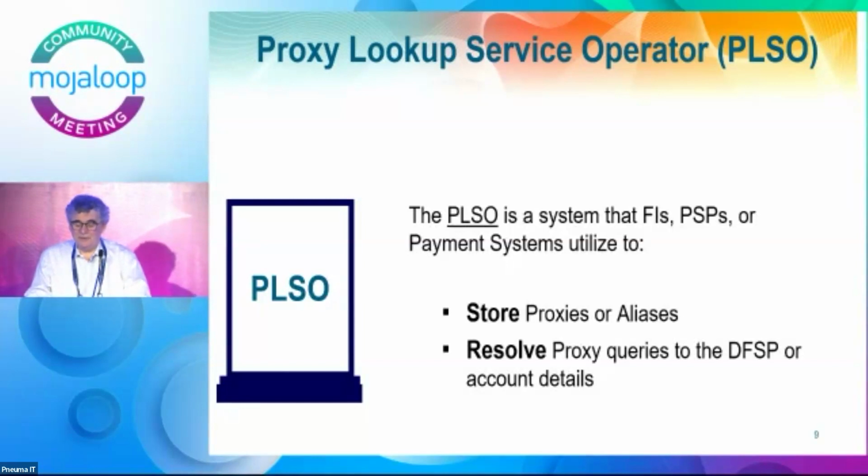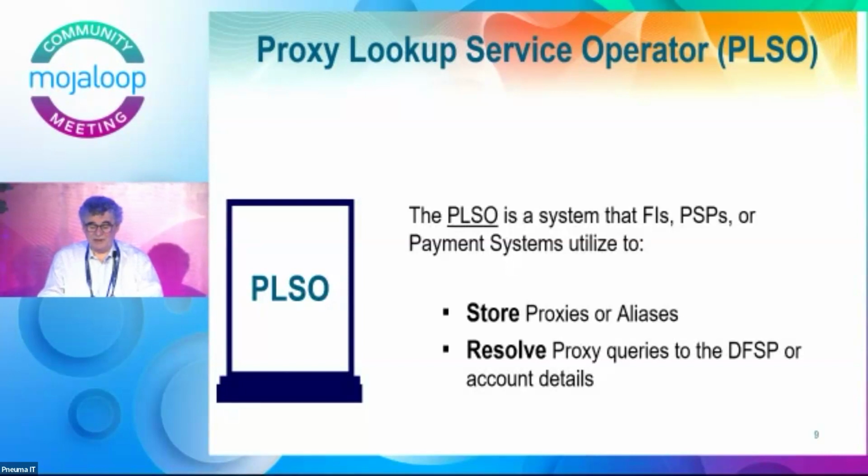And that's a system that external institutions, queriers, use to store proxies or aliases and to resolve proxy queries to the DFSP or to the account details. It's essentially a directory in the sense we have it at the moment.